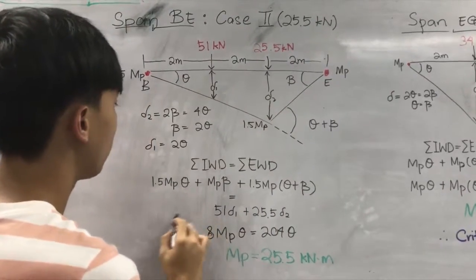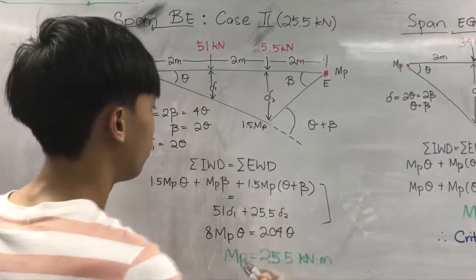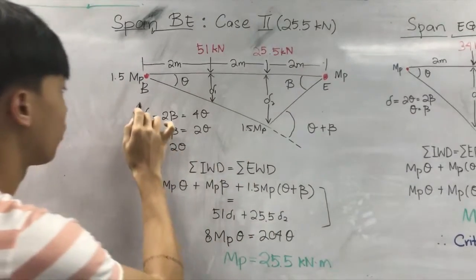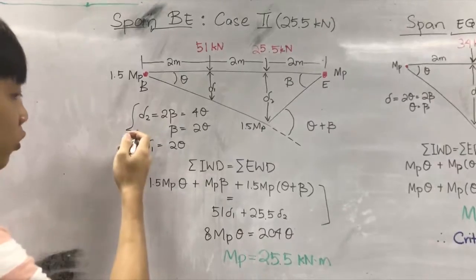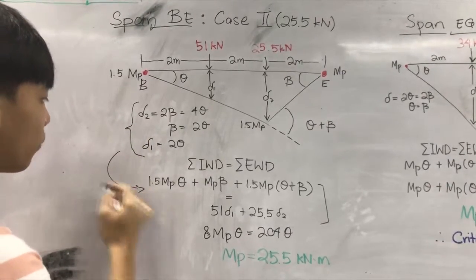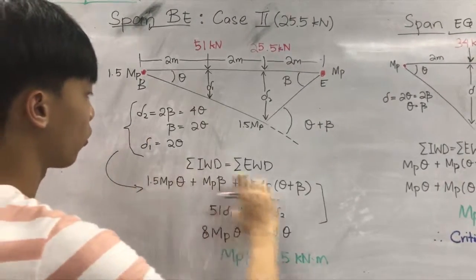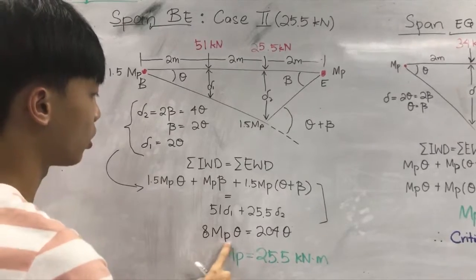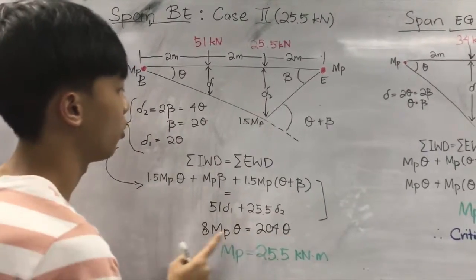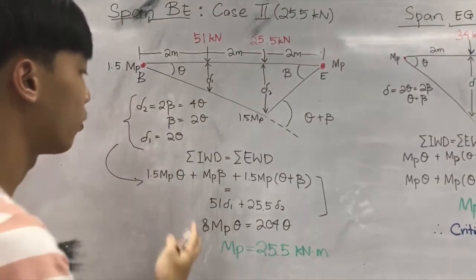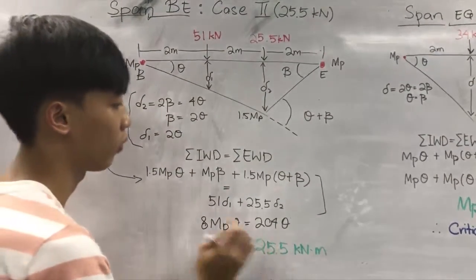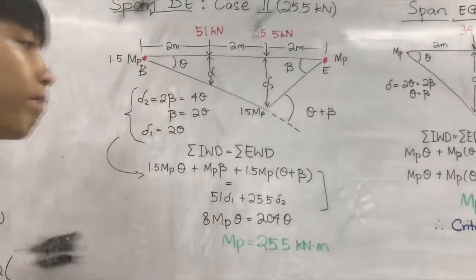So after you are done with this part, you will then substitute the equation that you just defined into this part. After you solve it, you will get this equation, and then you have to solve MP. So for this case 2, the MP is 25.5 kilonewton per meter.